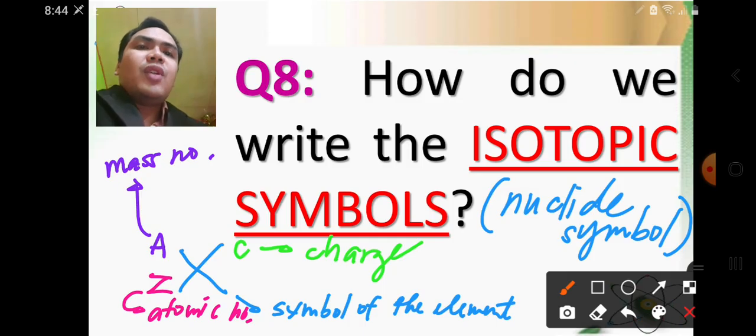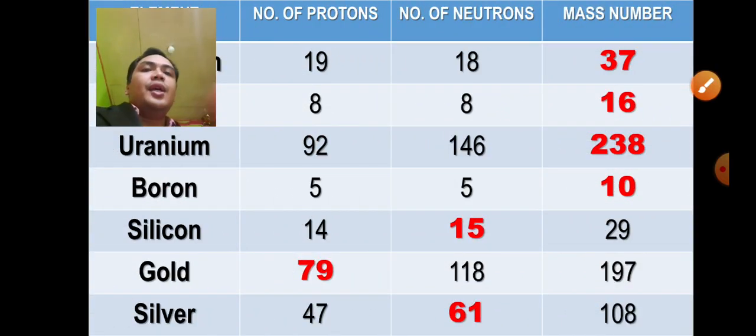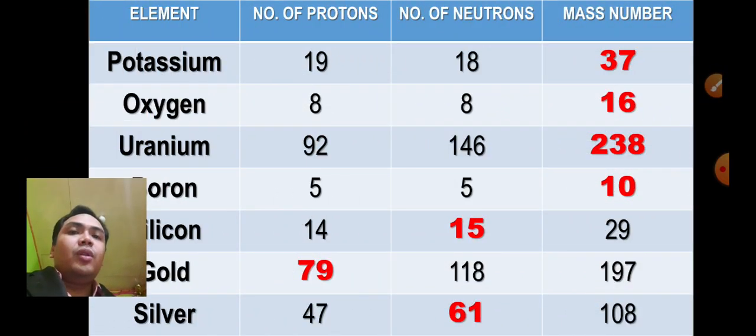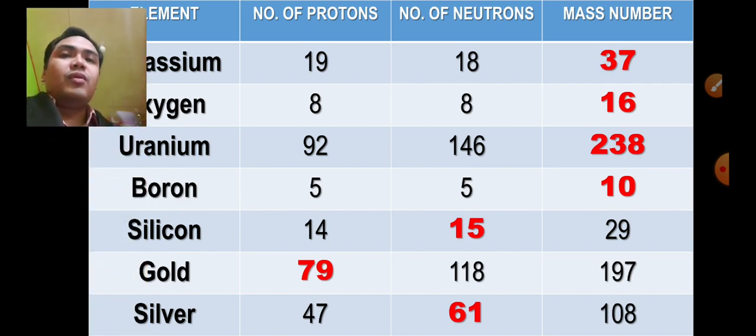Okay? So let's try to apply this concept in our next example. Okay. So in this example, we have 7 elements. We will try to write their respective isotopic symbol. Okay? So we will continue this topic for the next video presentation.